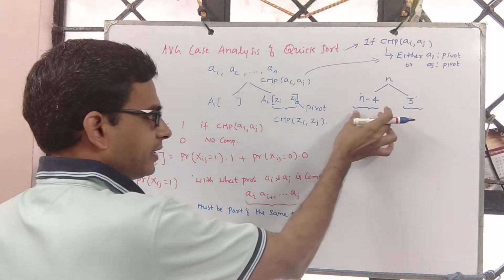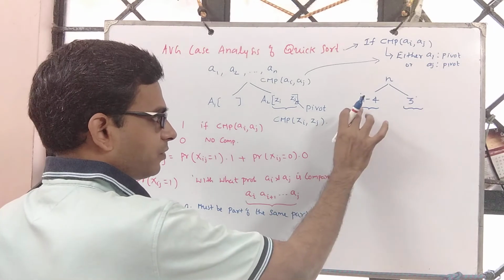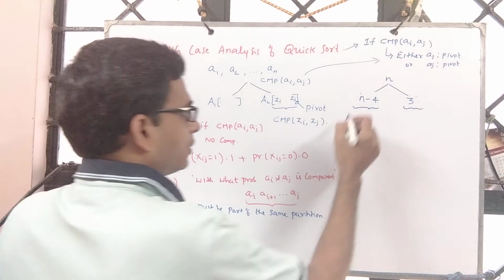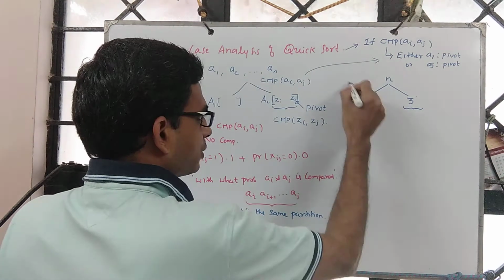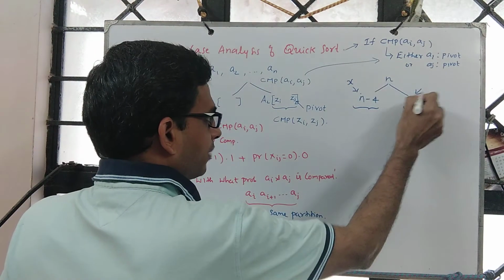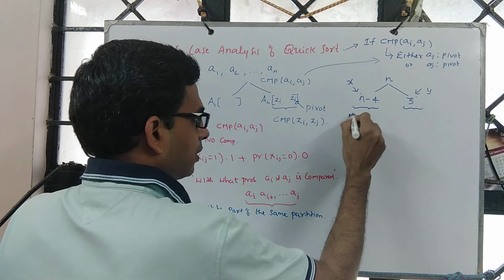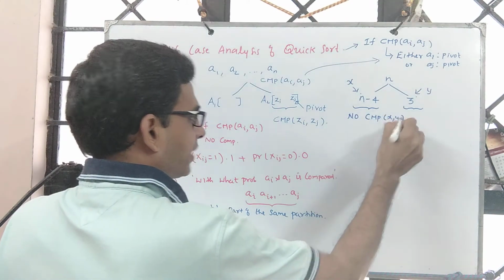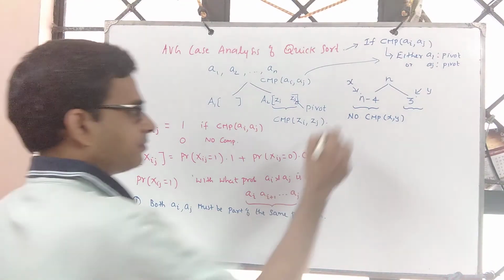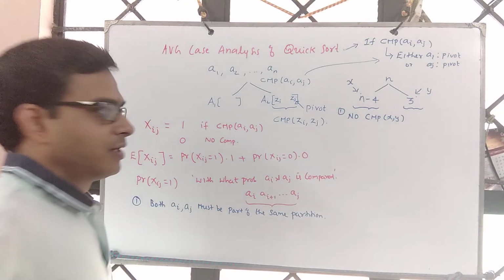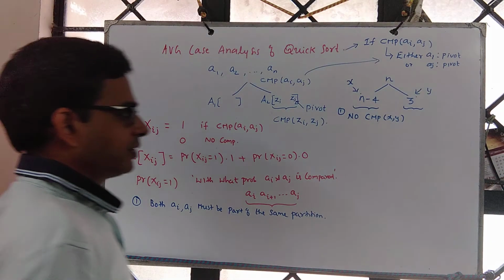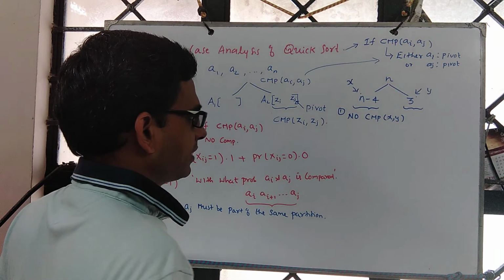Second thing, the comparison is only between an element and the pivot. Suppose x belongs to this and y belongs to this, there is no comparison between x and y.